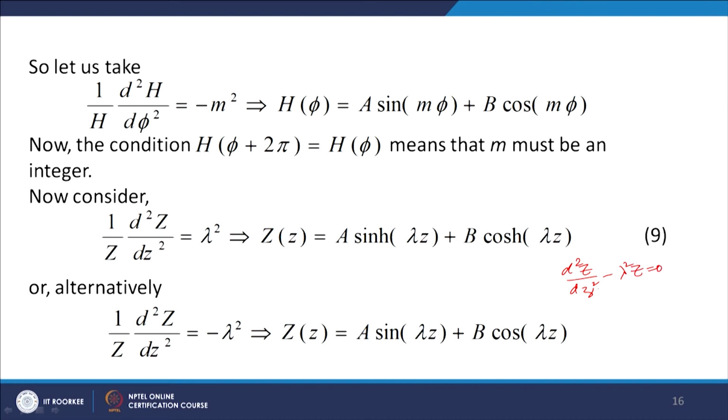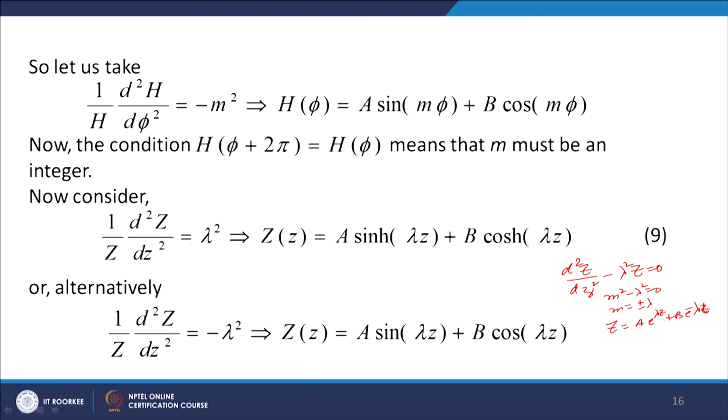Its auxiliary equation is m² minus λ² equal to 0, m equal to plus minus λ. So it has two distinct real roots, and therefore we have Z equal to some constant a times e to the power λz plus b times e to the power minus λz, and this can also be written in terms of sinh and cosh functions. So we have a sinh λz plus b cosh λz.